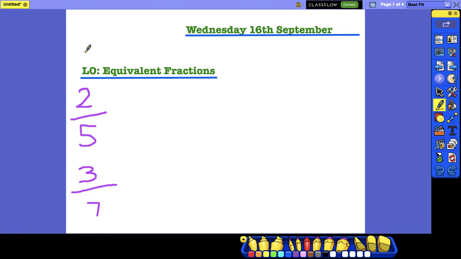So for example, if I asked you to find an equivalent fraction for 2/5, would you be able to do that? Have 10 seconds to think about your answer. What would an equivalent fraction be for 2/5?